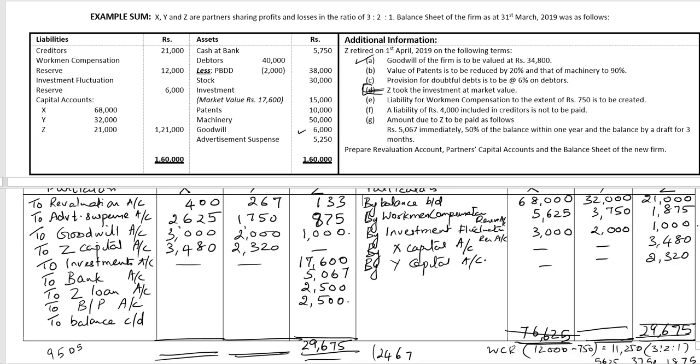On deducting 9,505 from 76,625, we get 67,120. Write the greater total down, 67,120 rupees.